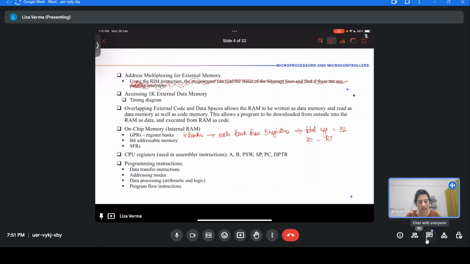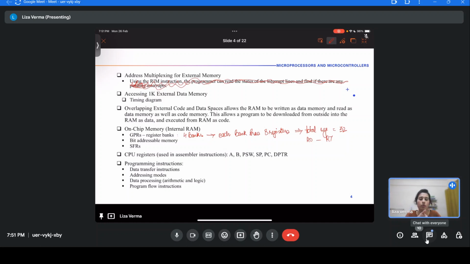And then once you have chosen the register bank, you can choose the registers R0 to R7 of that bank.